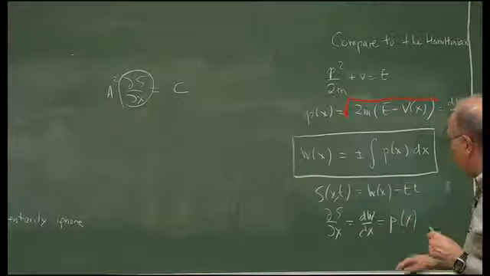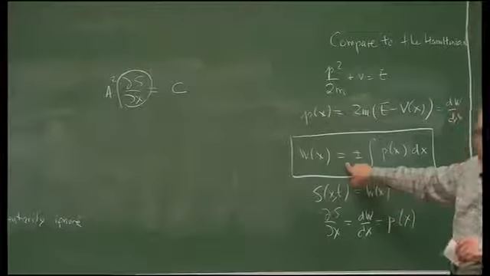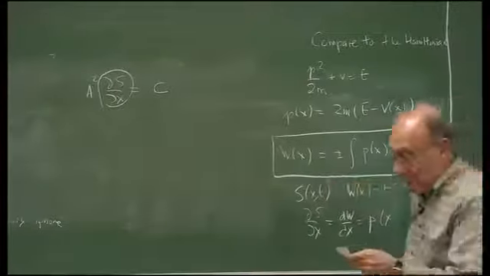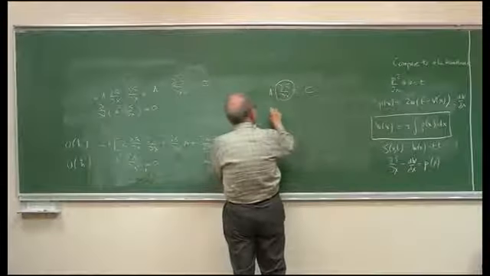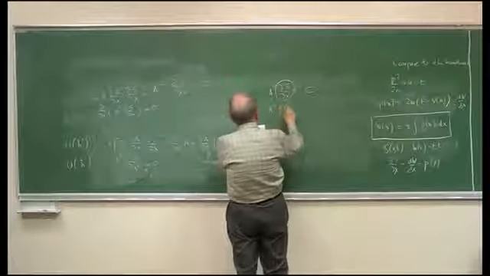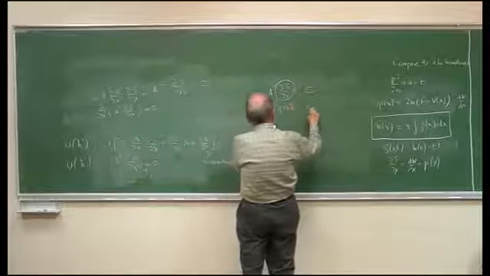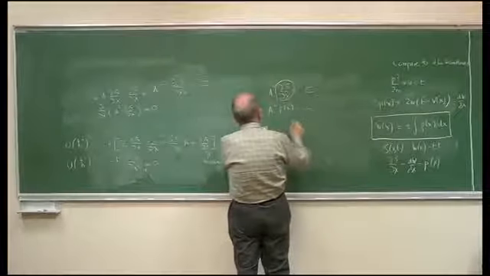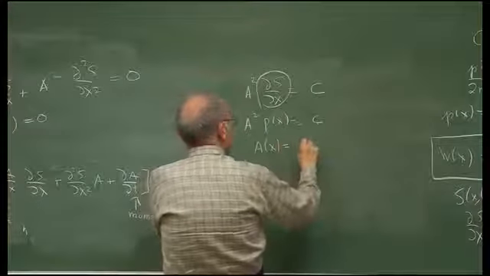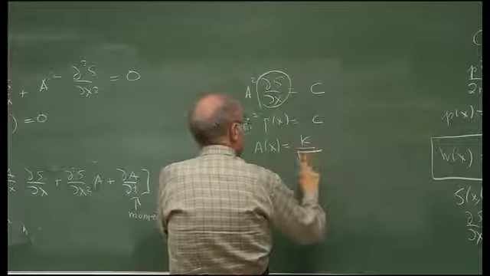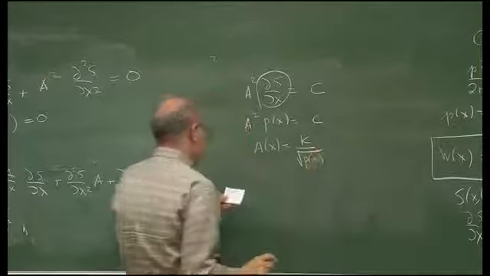This magic p of x. We could also see it from right here. All right? So that we see that A squared times p of x is constant, and A of x is then k times 1 over the square root of p of x.